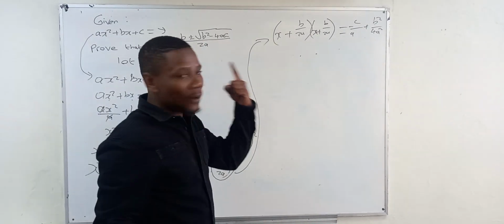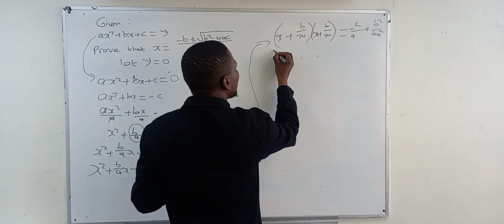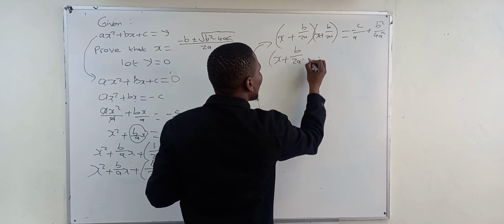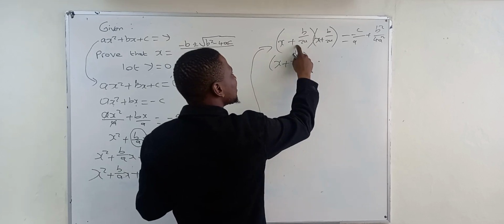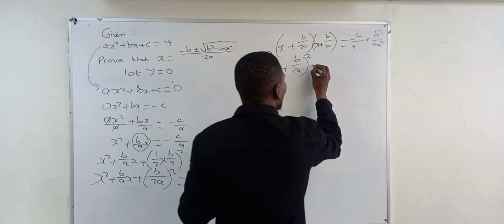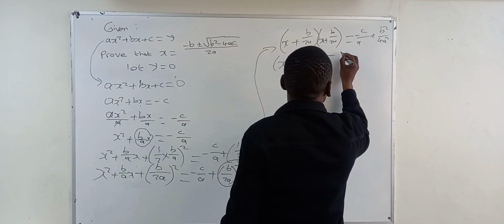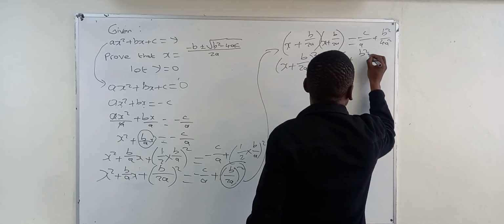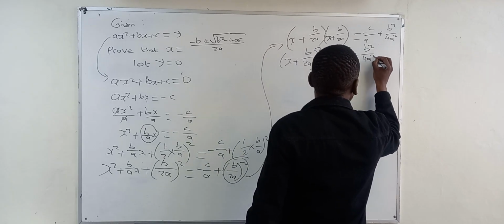So you can make one bracket from this one by doing this: x plus b over 2a. The bracket repeats itself twice, then you'll have the square like this one. So it will be equals to minus c over a plus b squared over 4a squared.